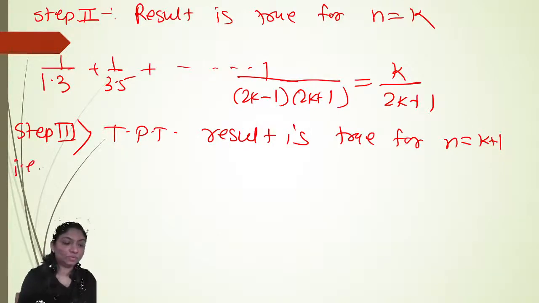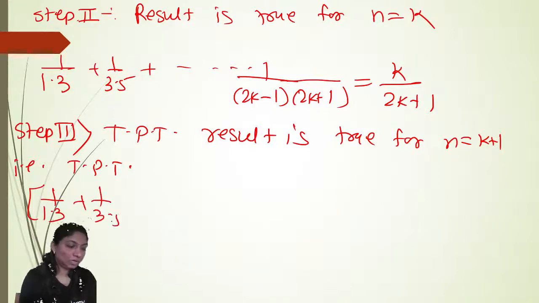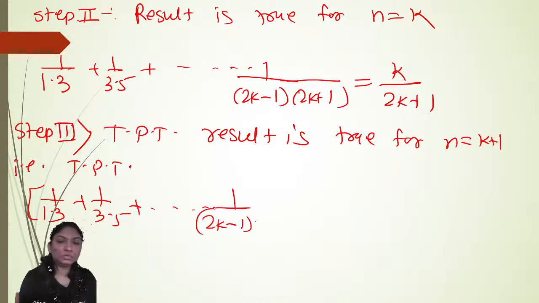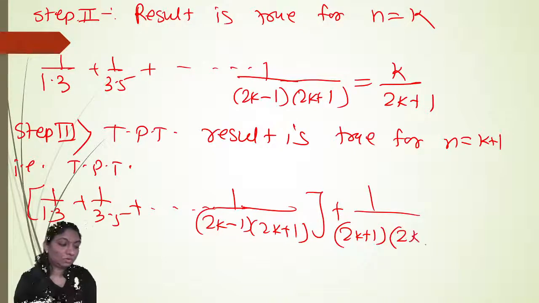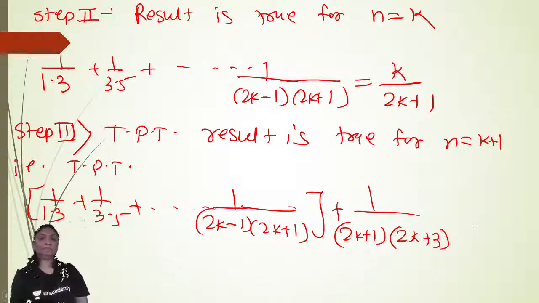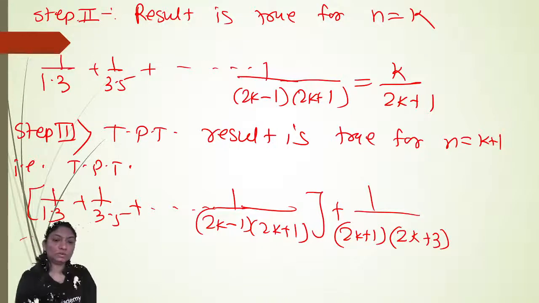That is, we have to show that 1 upon 1 into 3 plus 1 upon 3 into 5 and so on, plus 1 upon (2k plus 1)(2k plus 3), equal to (k plus 1) upon (2(k plus 1) plus 1). Now for this, we already proved that the result is true for n is equal to k.